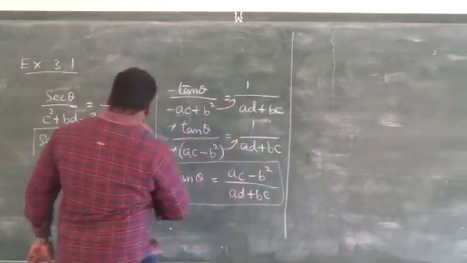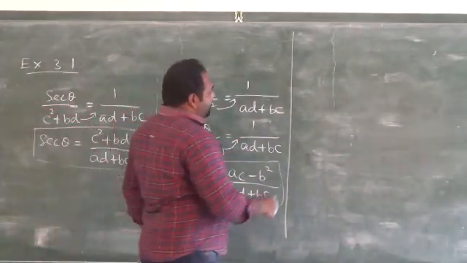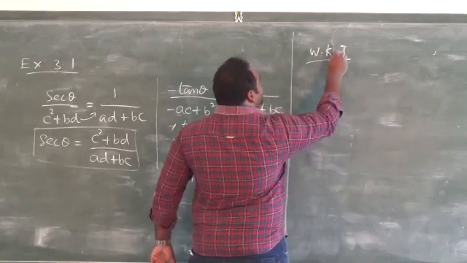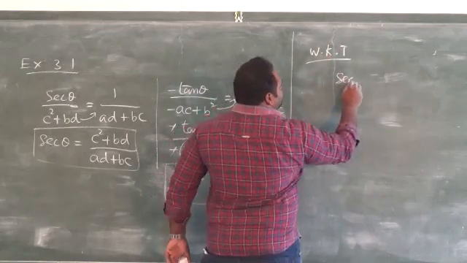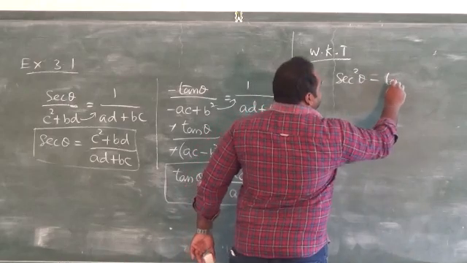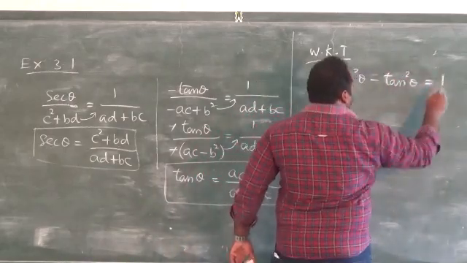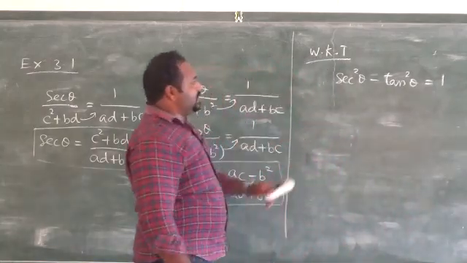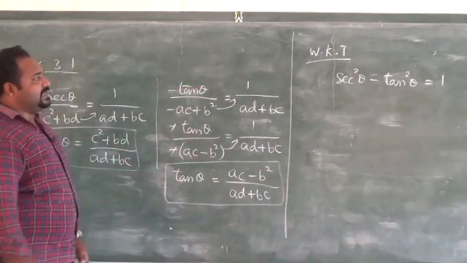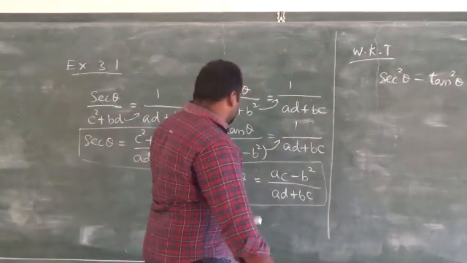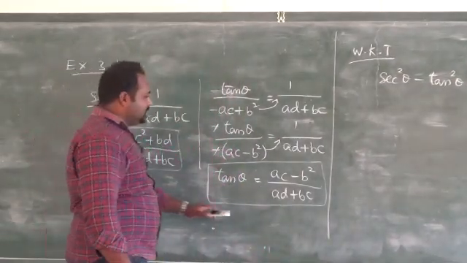After finding the secant value and tan value, I am going to use the identity secant square theta minus tan square theta equal to 1. If you apply this identity, automatically the theta value will be eliminated. So I am going to apply these values because we already found the value of secant and tan.